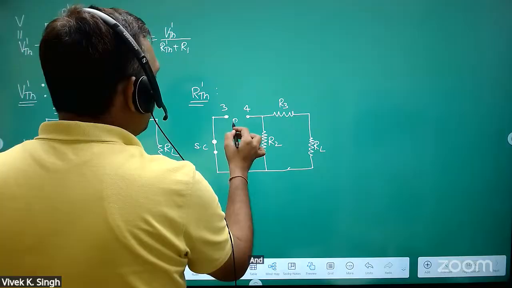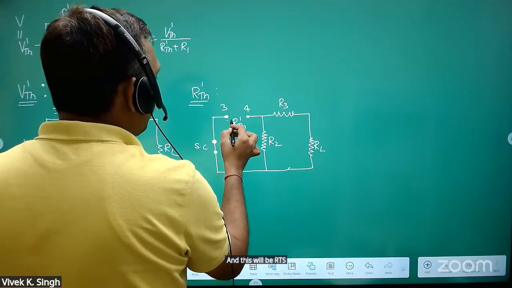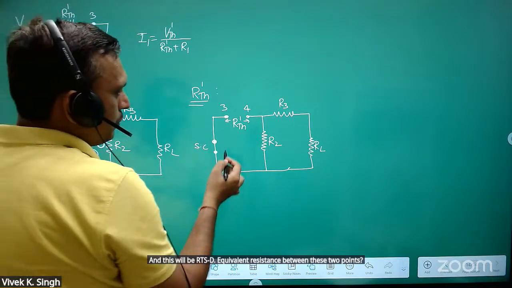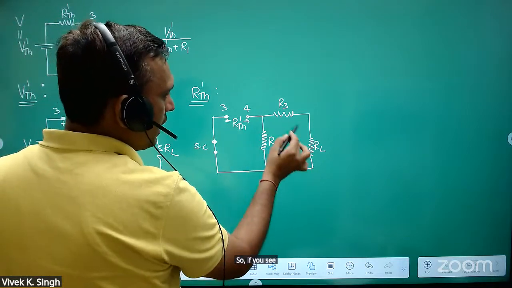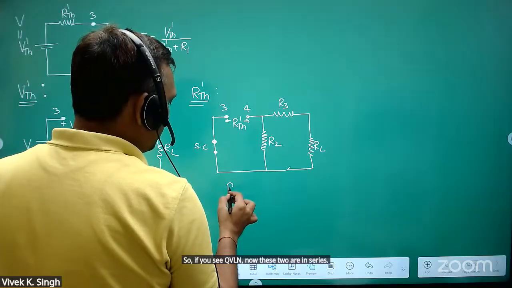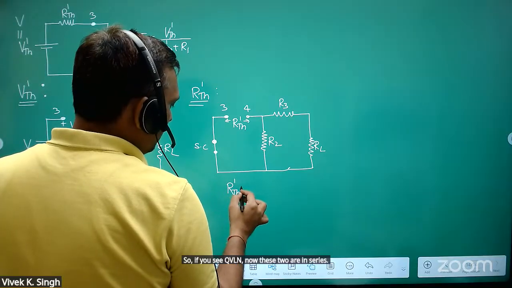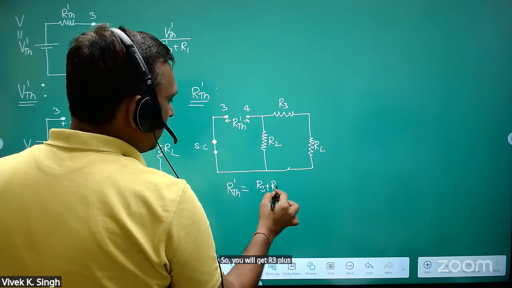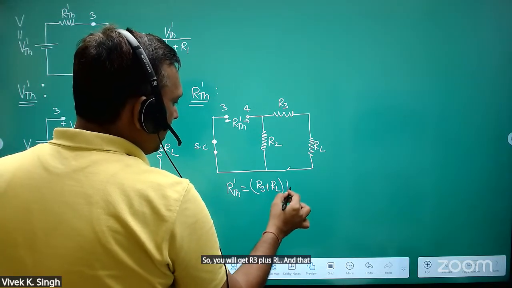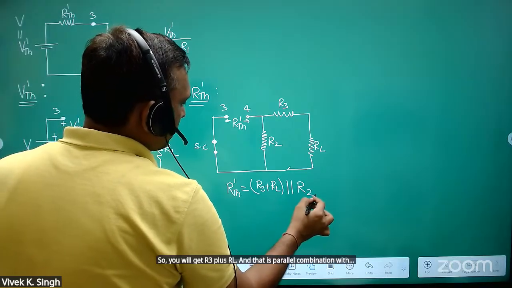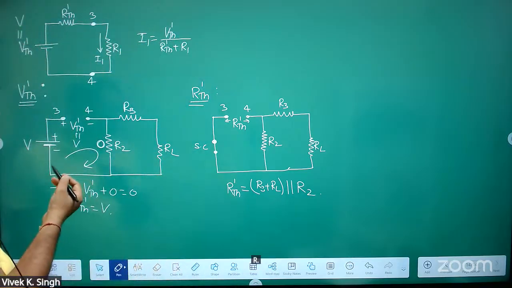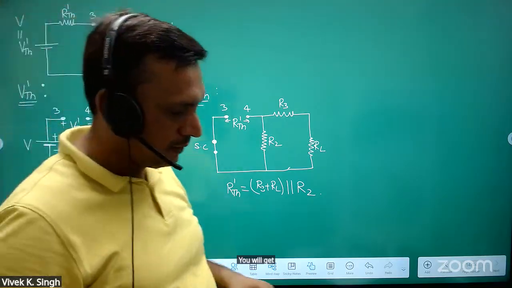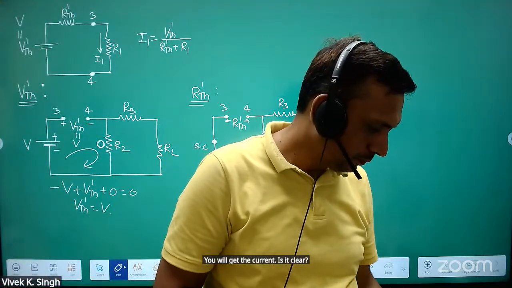And this will be RTH dash, equivalent resistance between these 2 points. So if you see equivalent, now these two are in series. So you will get R3 plus RL, and that is parallel combination with R2. And once you know VTH and RTH, you will get the current. Is it clear? Yes, sir.